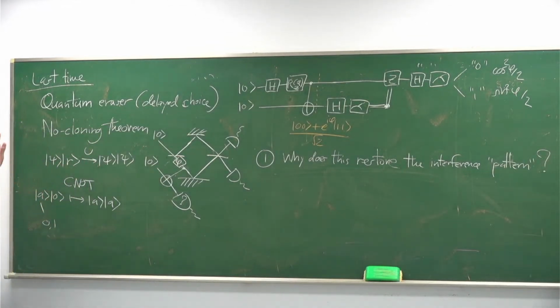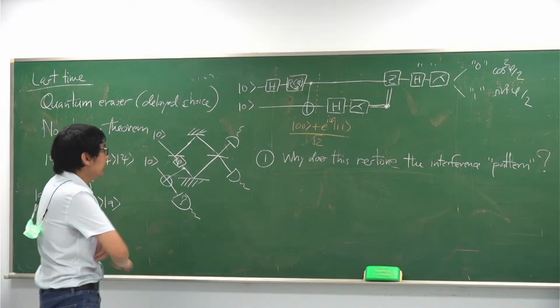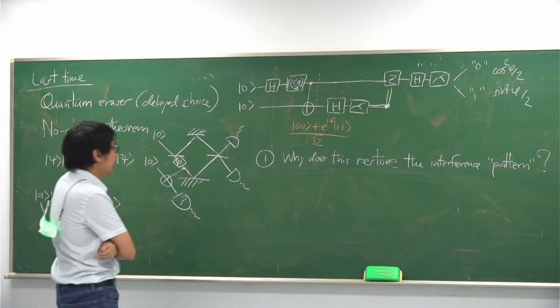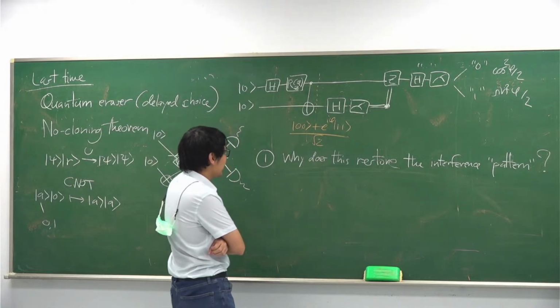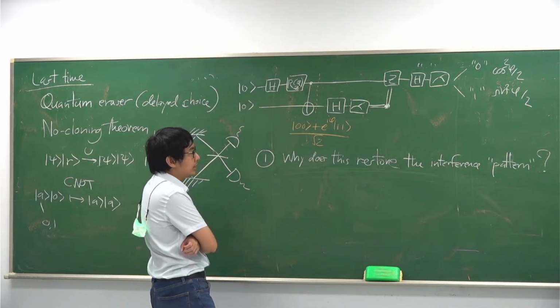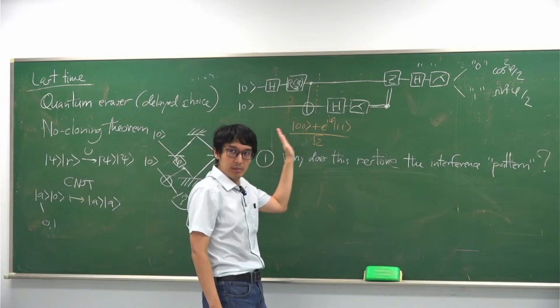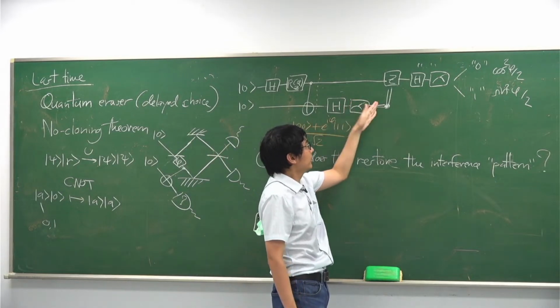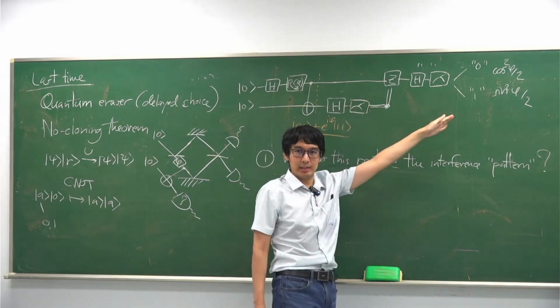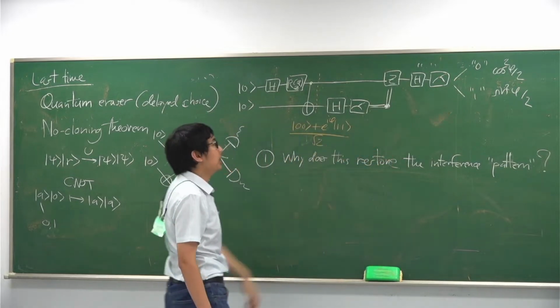Any comment, any question with the setup so far? Okay. So what I want to do here is to apply the principle of deferred measurement to push this classical control to the end of the line and see what happens to the circuit.